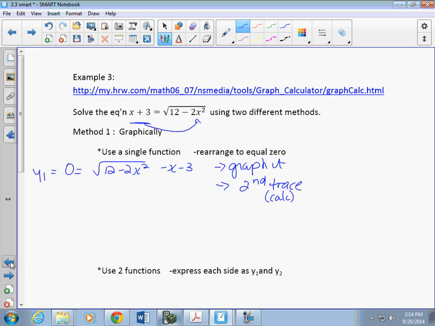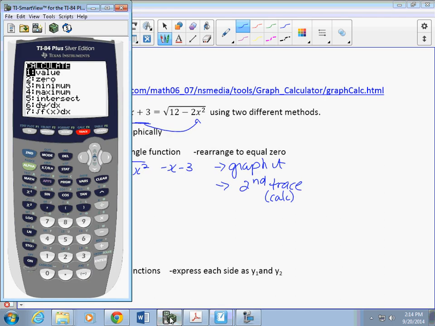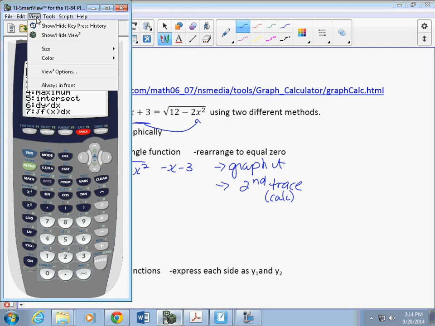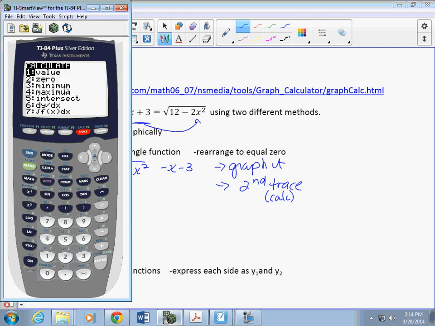So what I want to find then is my intersect. I want to see where it intersected the axis. So then I'm going to do number 5, which is intersect.